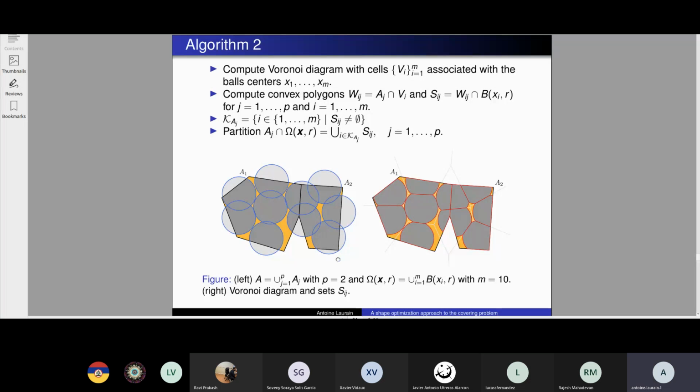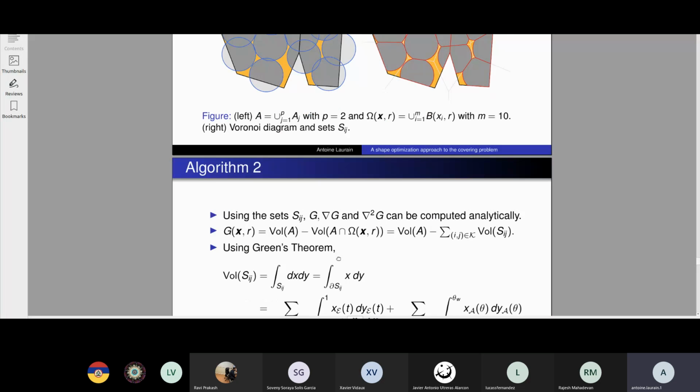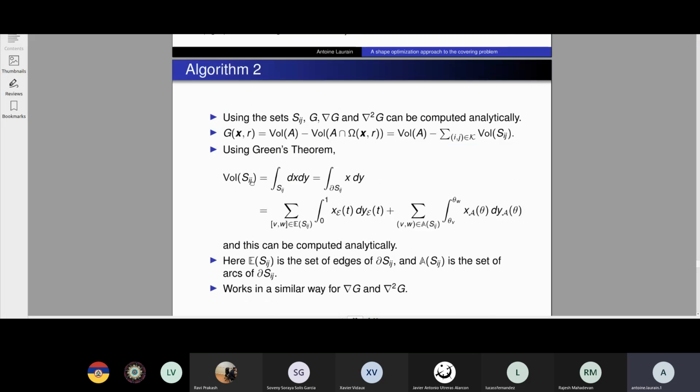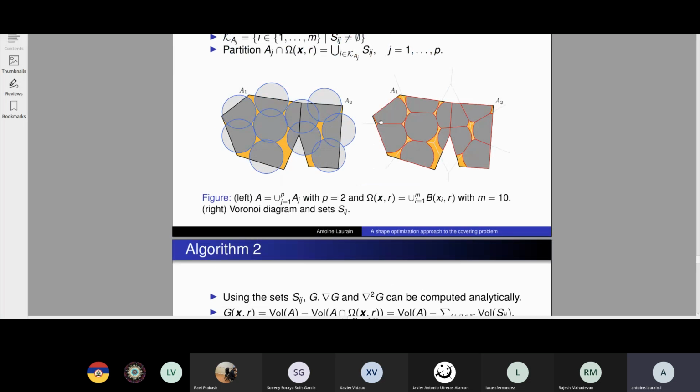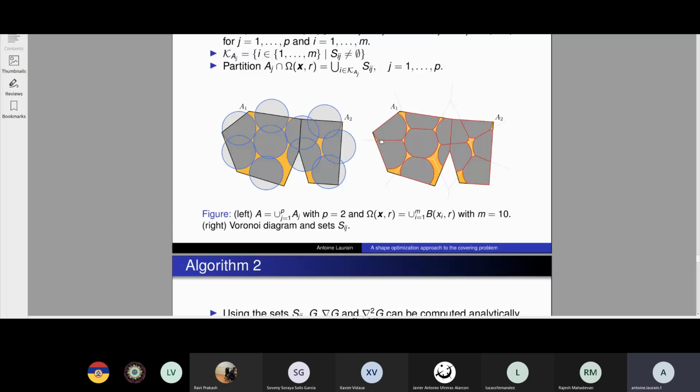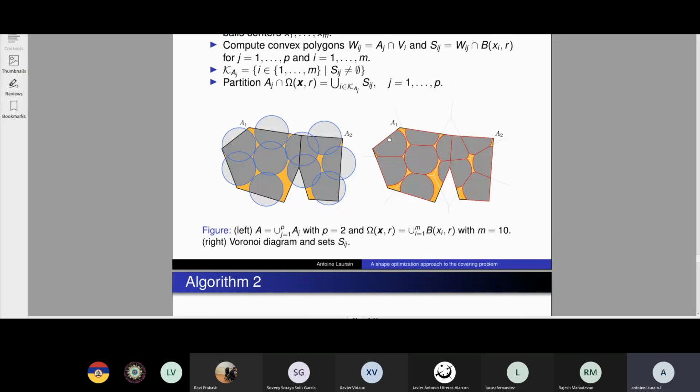So let me show you one simple example. This S_ij is basically one of these gray objects. It's the intersection of a ball with a Voronoi cell here, so one of these S_ij would be this one, this would be another one, and so on.